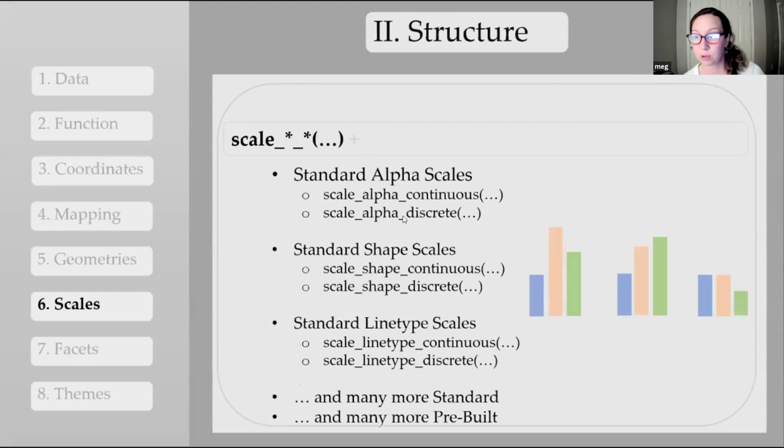And then you can also, like we were saying, scale your transparencies. You can scale shapes, line type, all the mapping options. The difference between the coordinates is that when you have continuous, it's continuous, but in this case, it's not manual, it's discrete: scale alpha discrete, scale shape discrete.